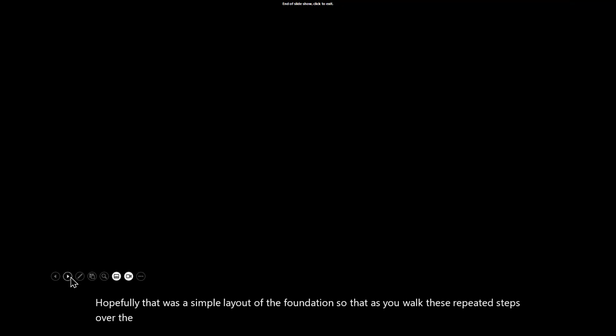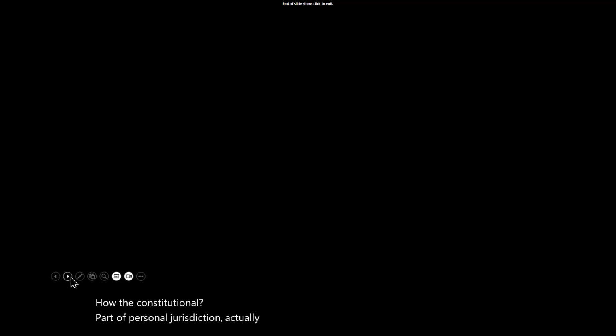Hopefully, that was helpful. Hopefully, that was a simple layout of the foundation so that as you walk these repeated steps over the next couple of weeks with the evolution of personal jurisdiction, you will be able to track how the constitutional part of personal jurisdiction actually gets satisfied.